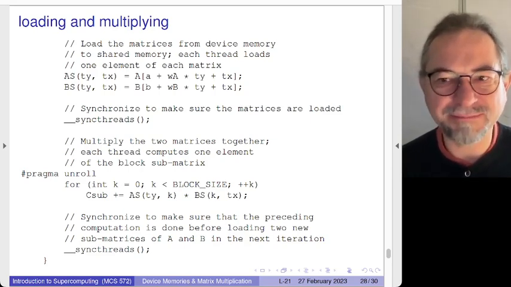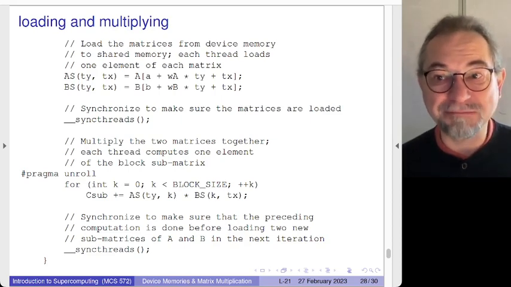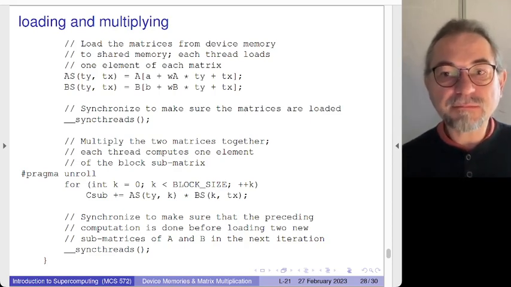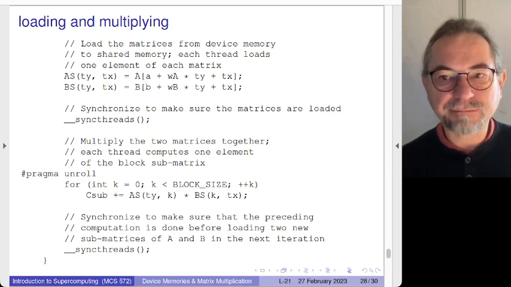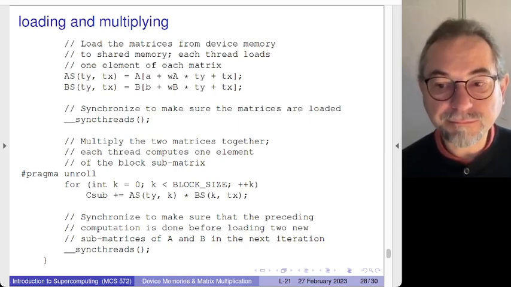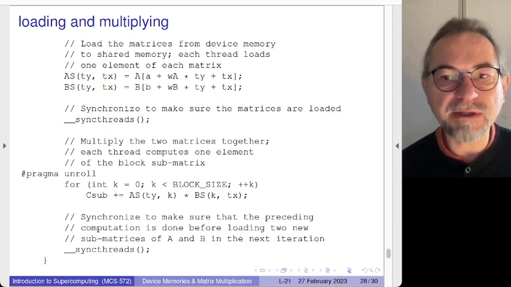You could think there's only one register, but no, there are as many registers as there are threads in the block, and actually as many registers in the entire grid. But in the grid, not every block is executed at the same time. So the number of registers that is active is equal to the number of threads that are currently executed in one block of threads.